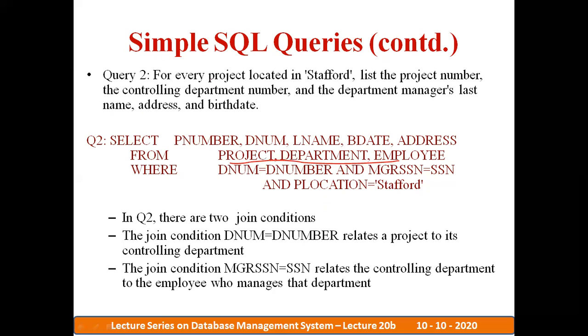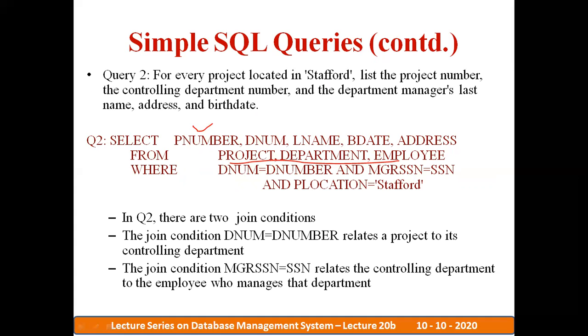That is, for every project located in Stafford, list the project numbers, the controlling department number, and the department manager's last name, address and birth date. We need to retrieve it. Here in this case, as you can see, we need to list the project number, so that's why I have written it as P number.